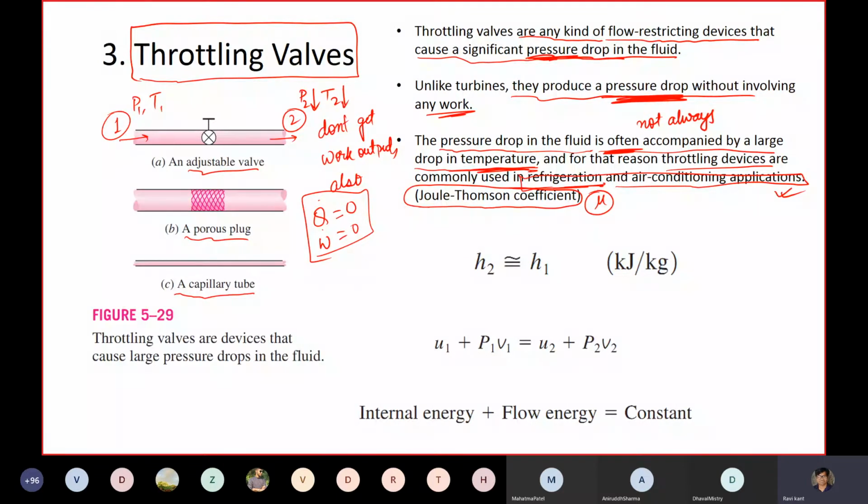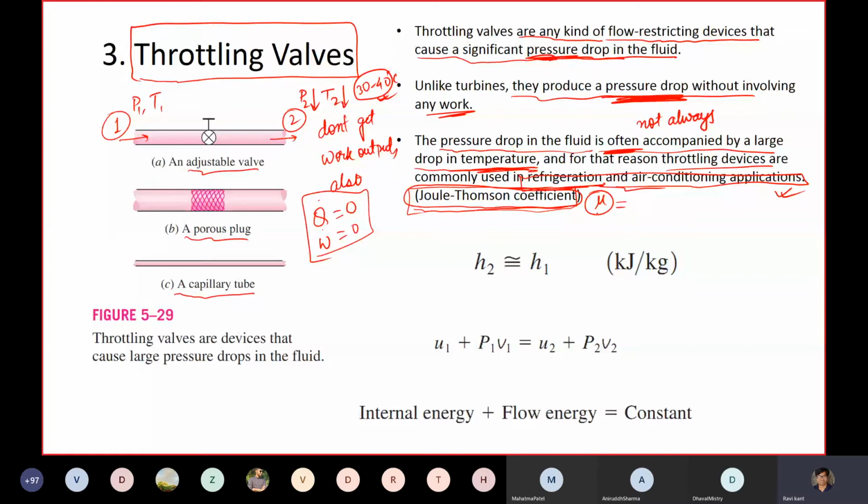If you talk about refrigerating systems, you often get temperature differences of 30 to 40 degrees C. Very large temperature differences you will see across these throttling devices. And this happens based on some conditions called the Joule-Thomson effect or Joule-Thomson coefficient. We are not going to study that, we just want to know what these things are.